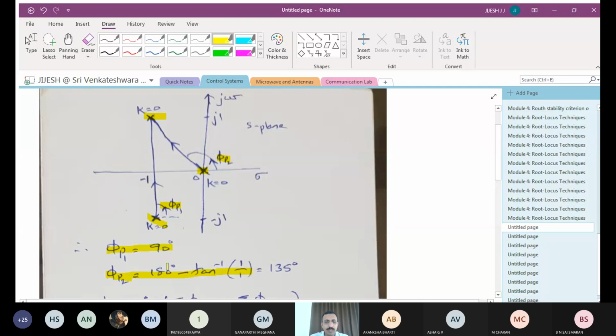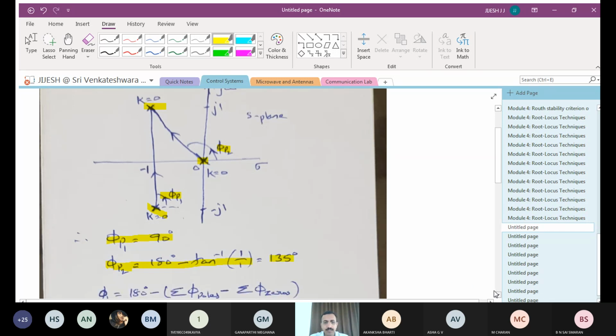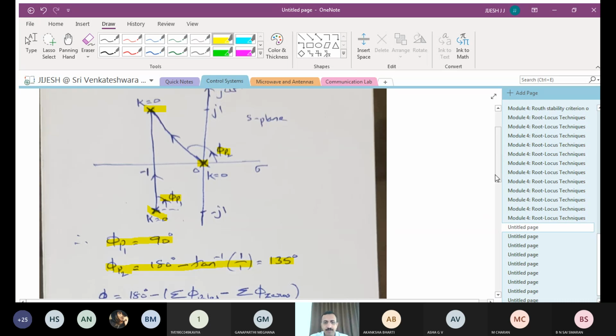So that is 180 minus tan inverse of 1 by 1. This is also 1, and here also it is 1. So you get it as 135 degrees. So you got phi of P1 and phi of P2. Once you get phi of P1 and P2, you just complete it. Then we will proceed further.